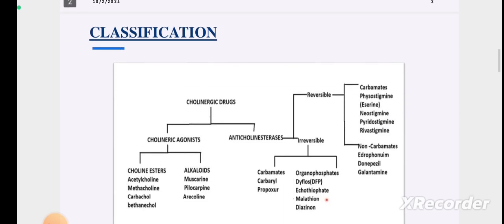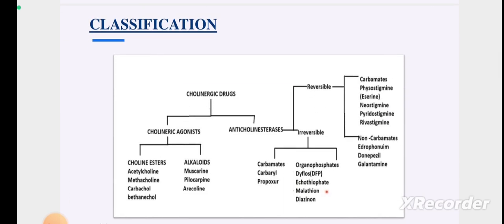Now we come to the classification. It is just the same as I have already done in the anticholinesterase topics. Here, cholinergic drugs are divided into cholinergic agonists and anticholinesterases.